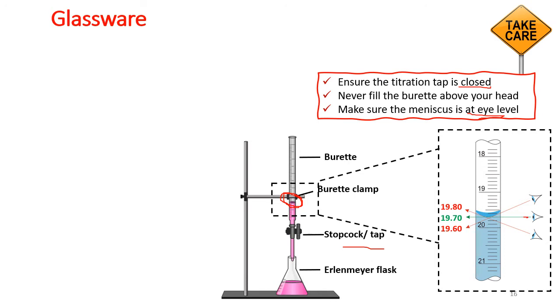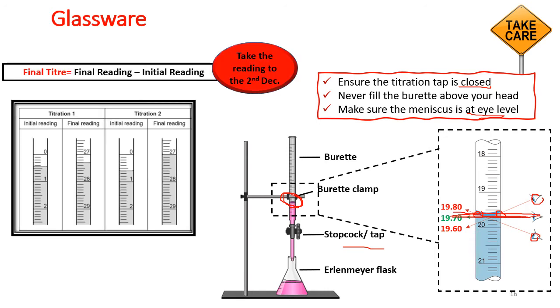The horizontal position is the only position that will give you the correct reading for the meniscus, but if you look at it from a higher level, it will give you a false reading, and if you look at it from a lower level, it will also give you a false reading. So you need always to check it at the same level of your eye.